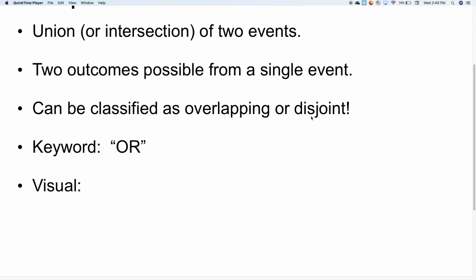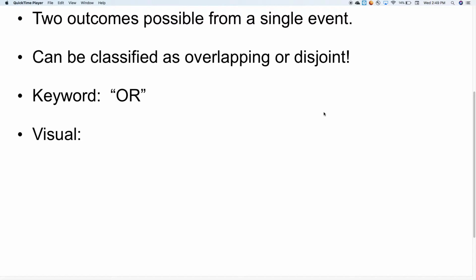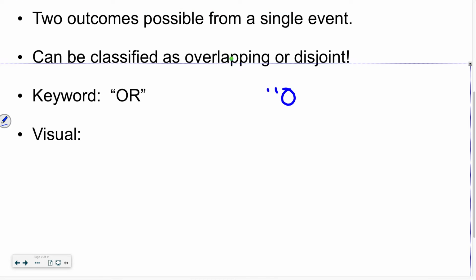I would put somewhere here on your notes, and I'm going to talk about this again, but I did this for section 10.2: "and then" meant multiply, "or" means add.